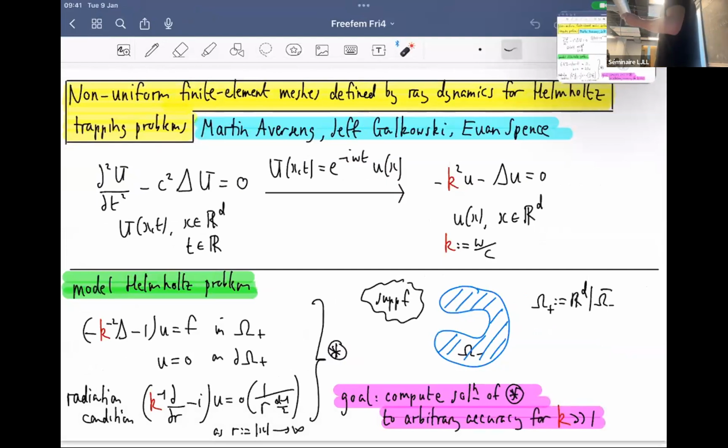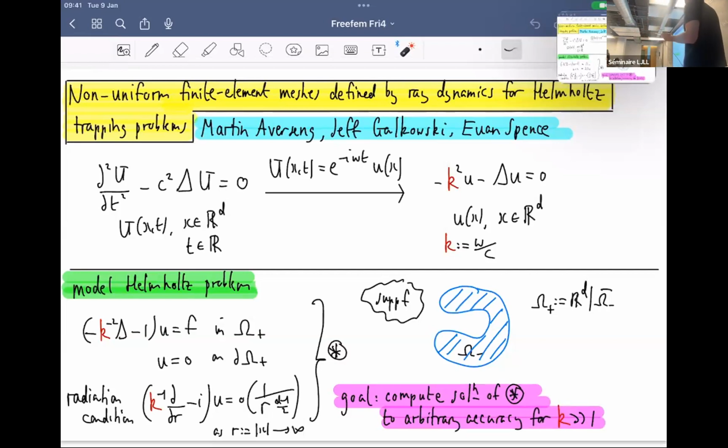And as a general comment, those of you who know me will know my general theme of research is using these techniques from PDE theory. It's the area of semi-classical analysis, where semi-classical essentially means high frequency, using these techniques developed by mathematicians to study these problems at the level of PDEs, using these techniques in the numerical analysis of these PDEs.